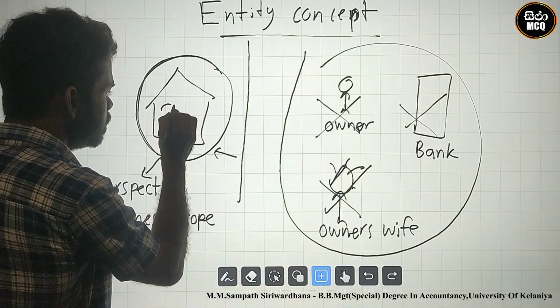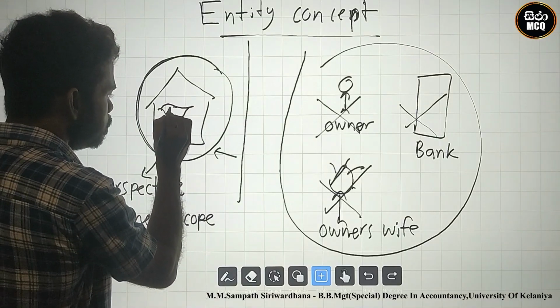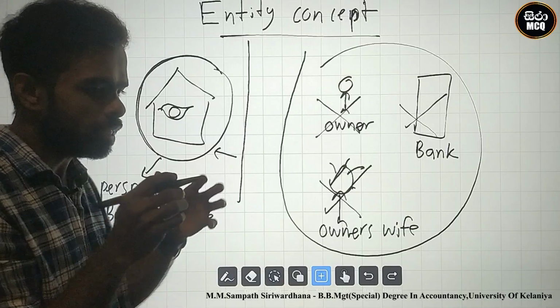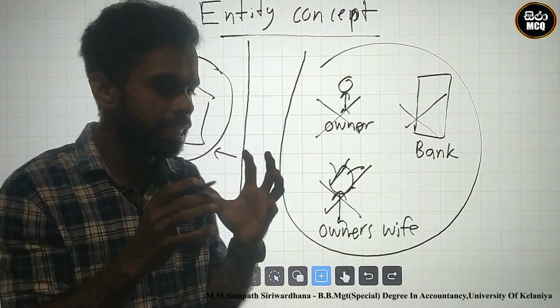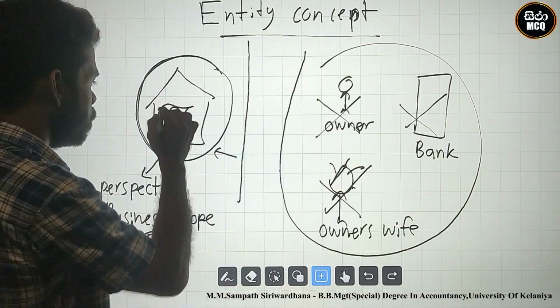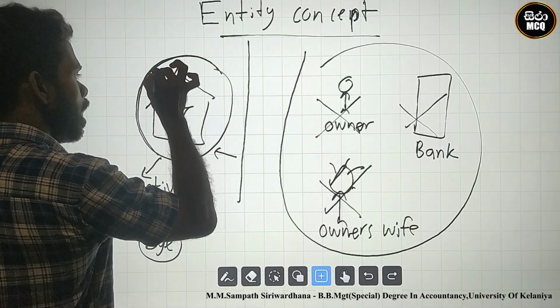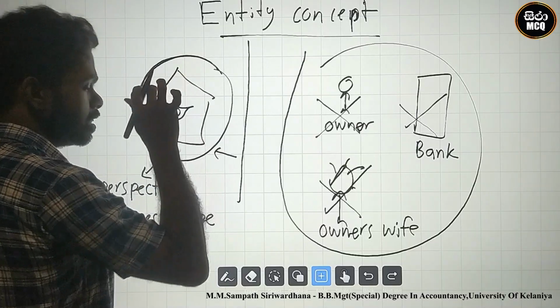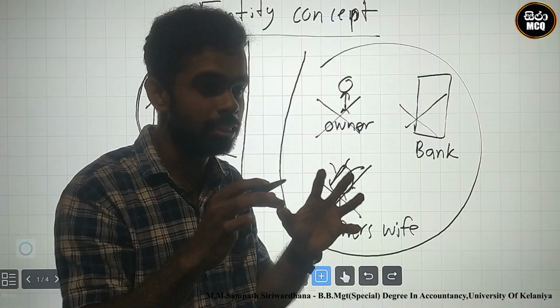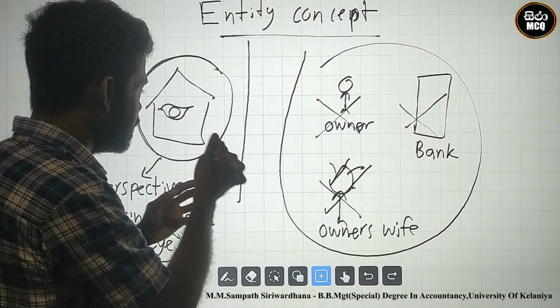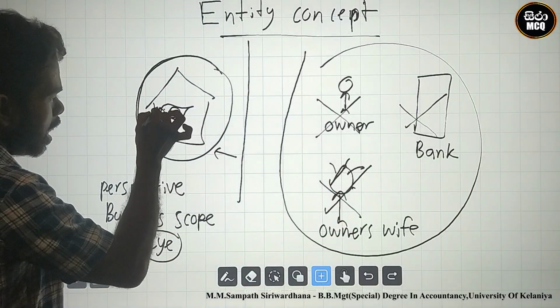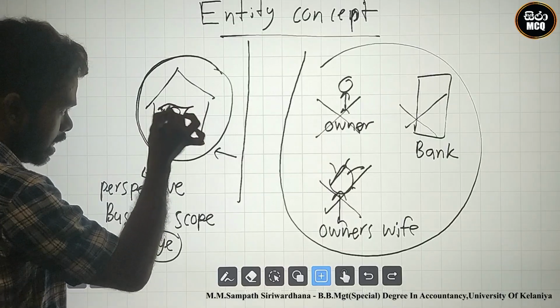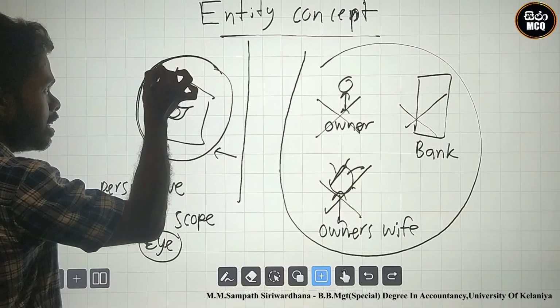Based on this is the eye, the accounting entity. The business has an eye to identify and see the transaction. This is the radar. It is like I use the camera. This is the radar area.